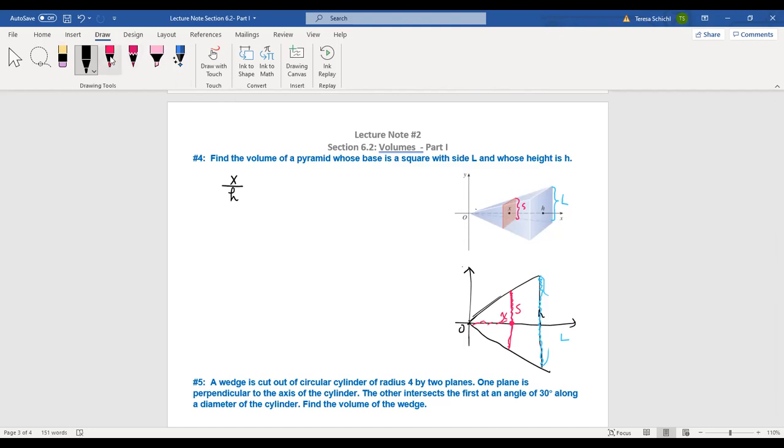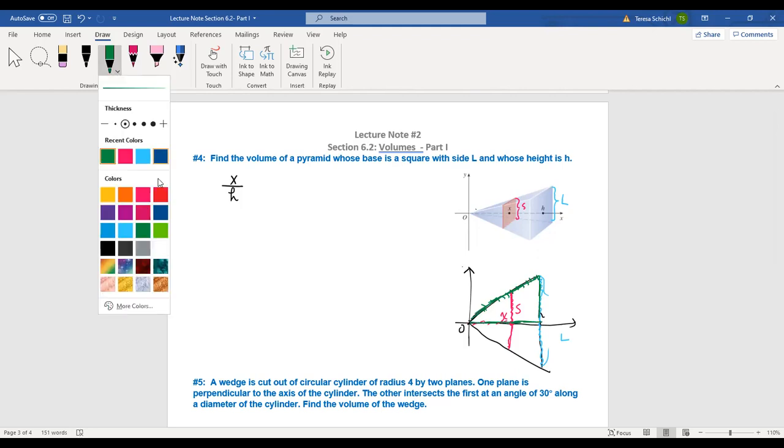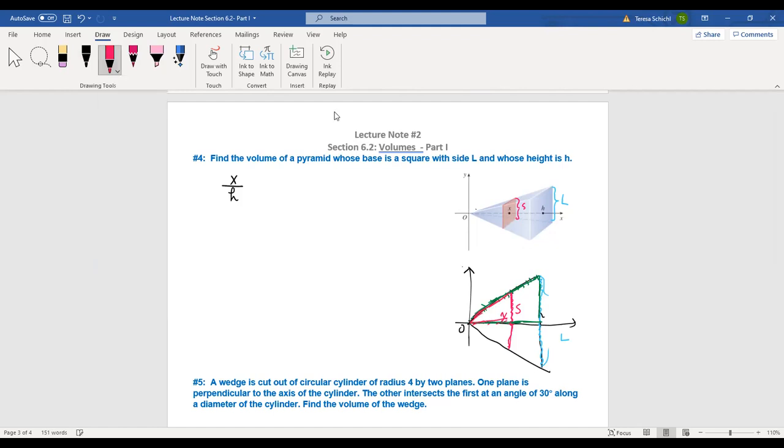So the big triangle here, let's make sure, this is my big triangle. This is the green one, just like we did before. And this will be my small triangle here, right?